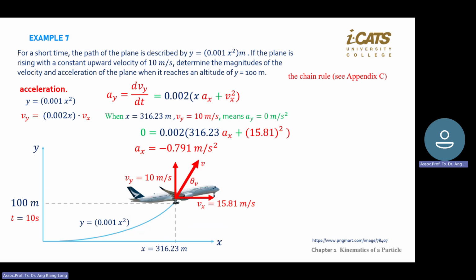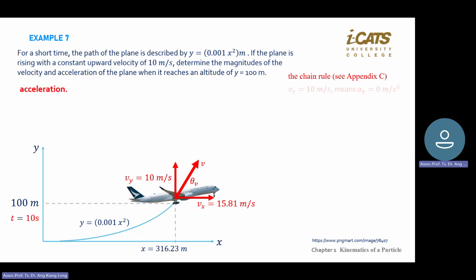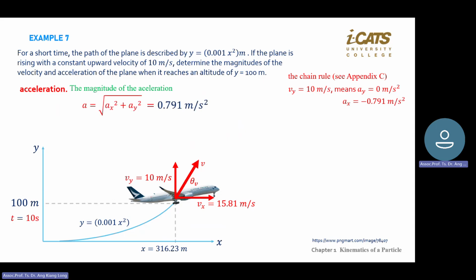So your x is negative. So you find the magnitude. You square the x component and y component, you get one answer. For direction, inverse tan of 0. So the acceleration is in this direction.